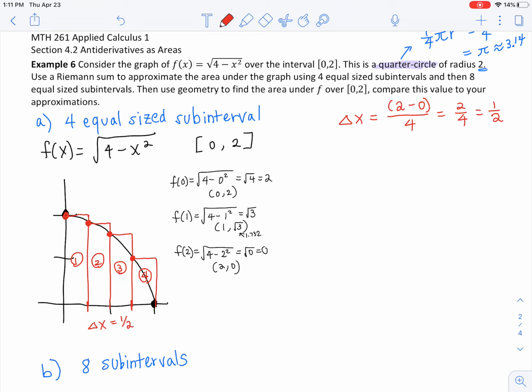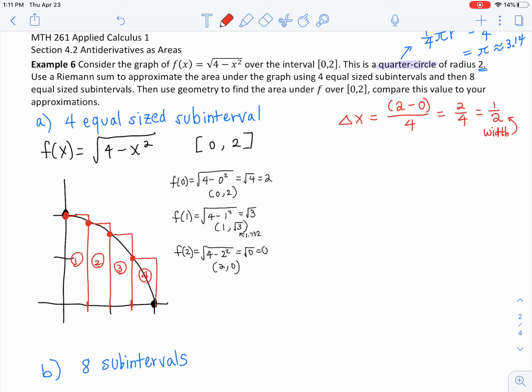And from this point on the curve, straight out and straight down, I drew the fourth rectangle. You notice that I have 1, 2, 3, 4 rectangles over here, and each delta x is equal to half. So the width of these rectangles are all half.